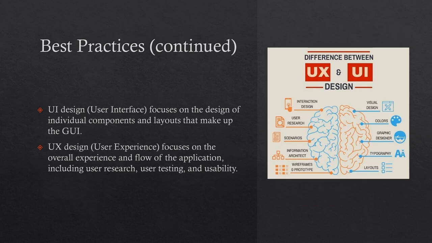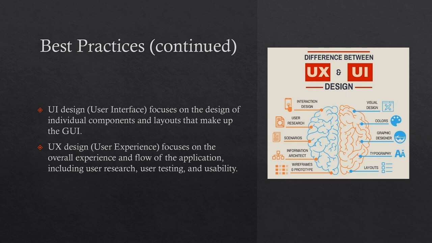So to touch on the two types of design, we have UI design and UX design, which is user interface and user experience. They both focus on different things. What UI design usually does, it focuses on colors, it focuses on the typography, like the text used, the overall layout, and the visual design in general.